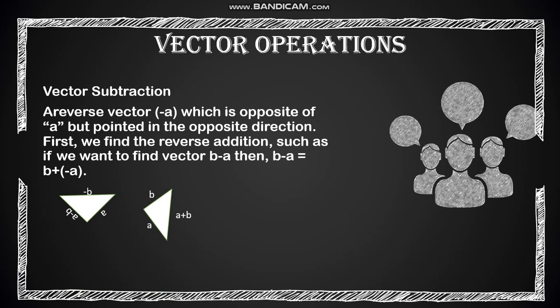Vector subtraction. The negative vector of a is the opposite of a, but points in the opposite direction. First, we find the reverse addition. If we want to find vector b minus a, then b minus a equals b plus negative a.